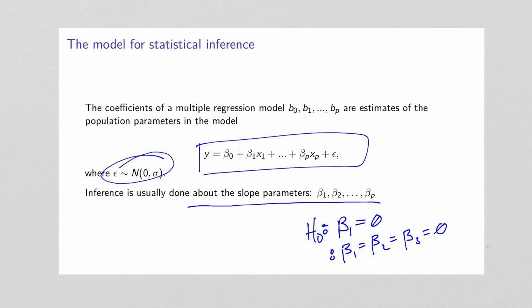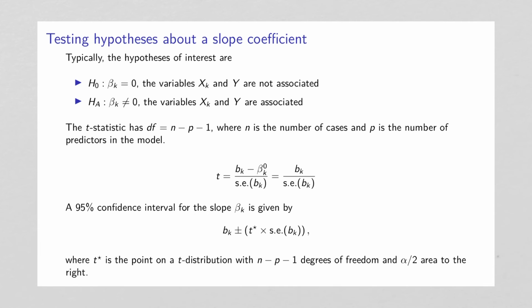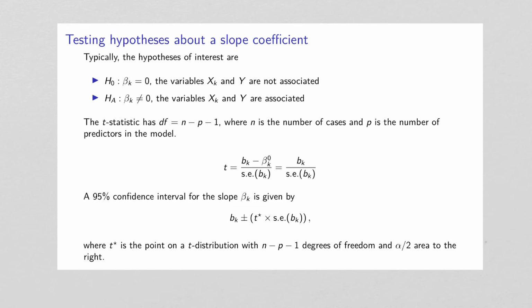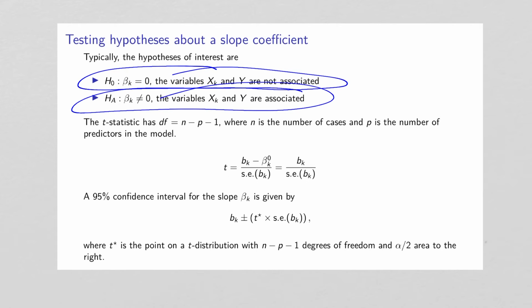In other words, when you plot them on a line, all your lines for your x's, x1, x2, x3, etc., they're all flat, right? There's 0. There's no slope to them. So here you have it. They're not associated. Well, they are associated if the slope is somehow not totally flat.